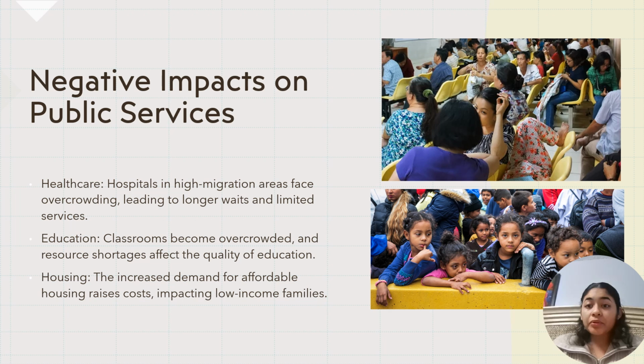For example, on healthcare, in regions that have high migration rates, the hospitals are often overcrowded, and this leads to longer waits for patients and limits access to crucial medical services for different diseases.